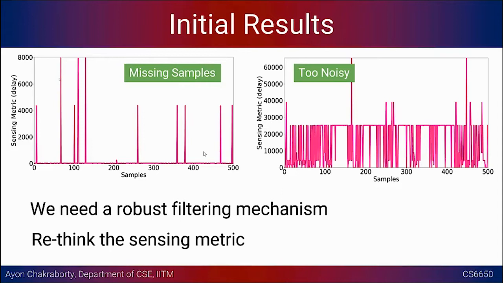So if we just track based on the raw value of delta, that might not be a robust sensing metric. How do you detect touch? Once you cross a certain threshold value of delta, you will declare that a touch has been detected. If it is under the threshold, you will say there was no touch.